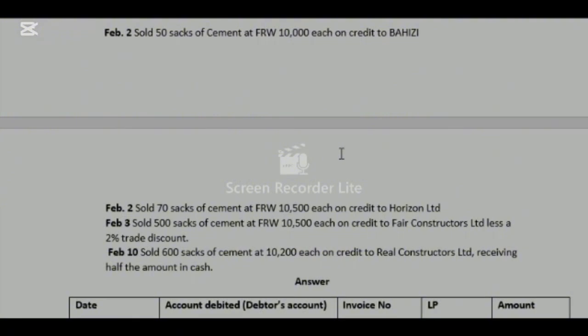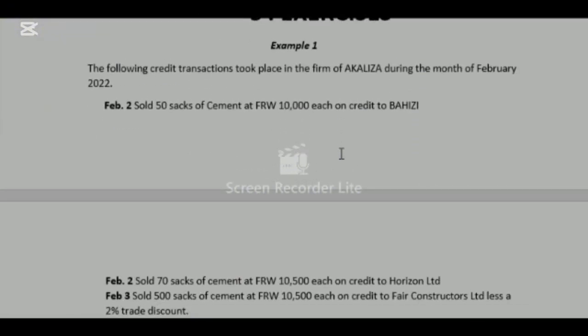It is a credit sale, but only half, because the other half is received in cash, meaning the remaining half is a credit sale.